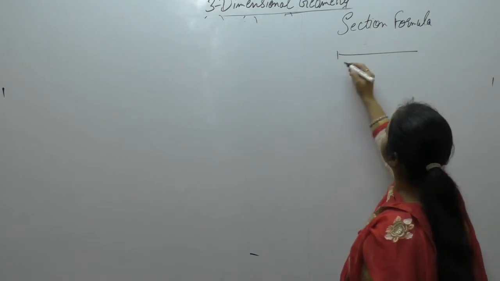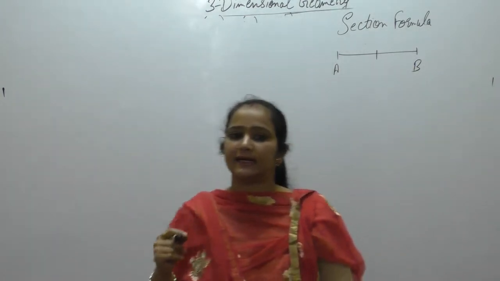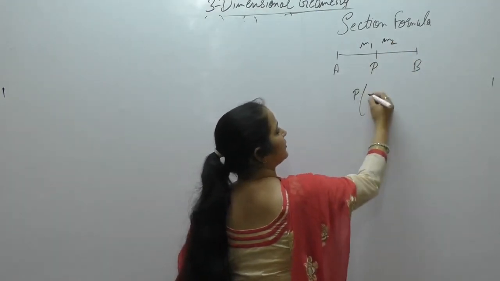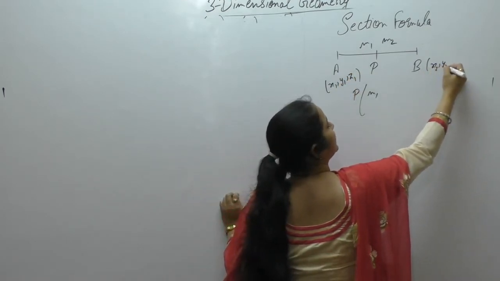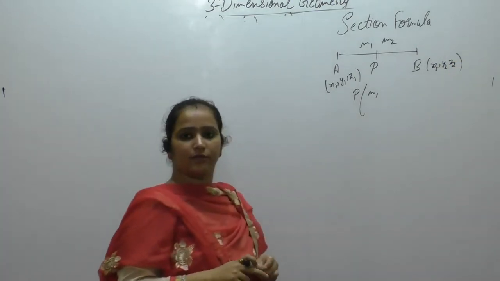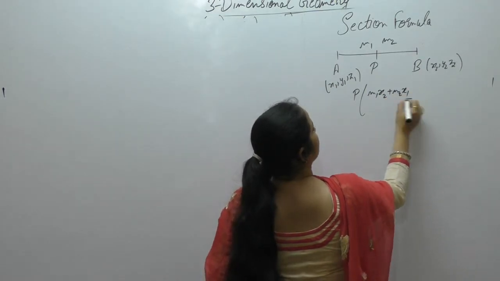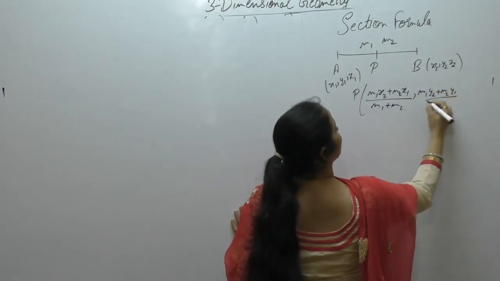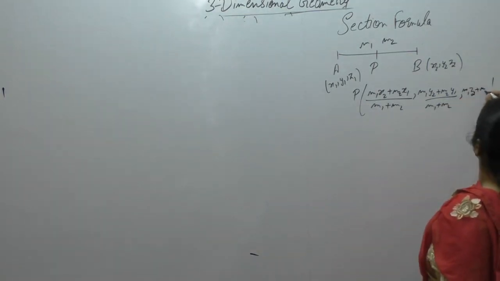If A, B या P, Q कोई भी 2 पॉइंट्स है, अगर कोई पॉइंट उसको इंटरनली डिवाइड कर रहा है in the ratio m1 m2, then coordinates of that point is, if coordinates of A are x1 y1 z1, B is x2 y2 z2, then the coordinates of P will be (m1 x2 plus m2 x1) upon (m1 plus m2), (m1 y2 plus m2 y1) upon (m1 plus m2), and (m1 z2 plus m2 z1) upon (m1 plus m2).